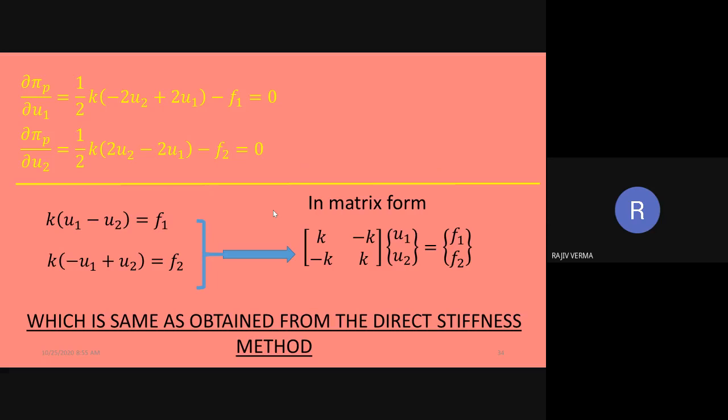So this is a simple illustration which has been used for demonstrating how the potential energy approach is going to be used for finding the stiffness matrix of an element.